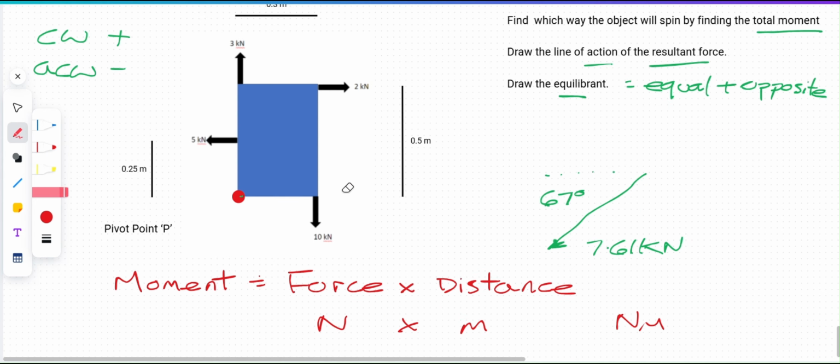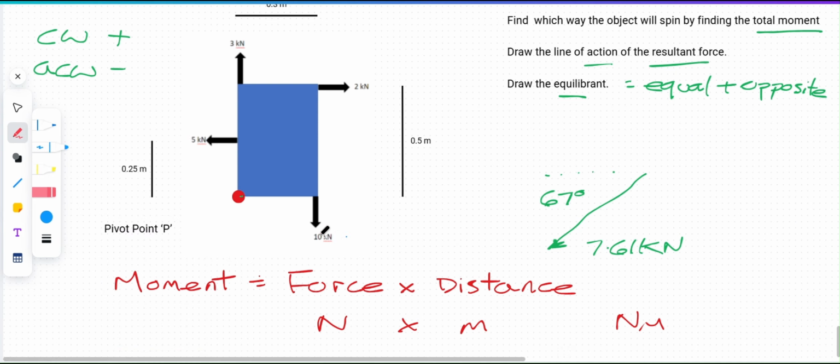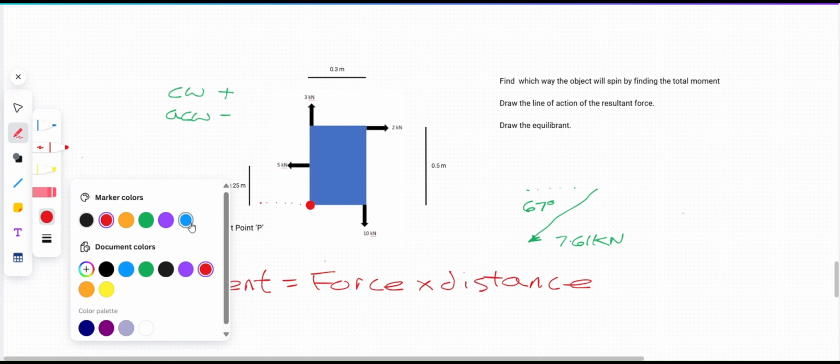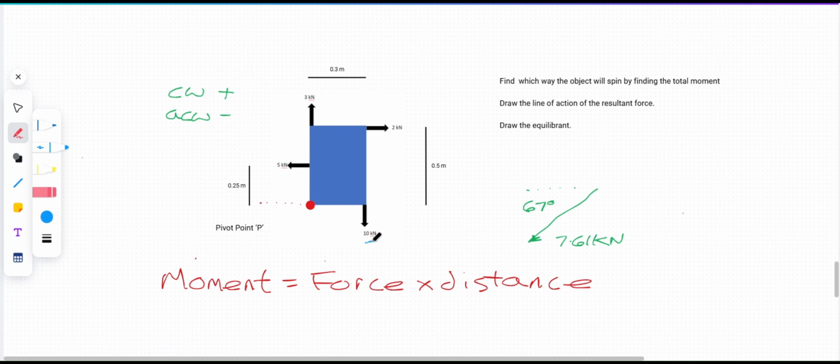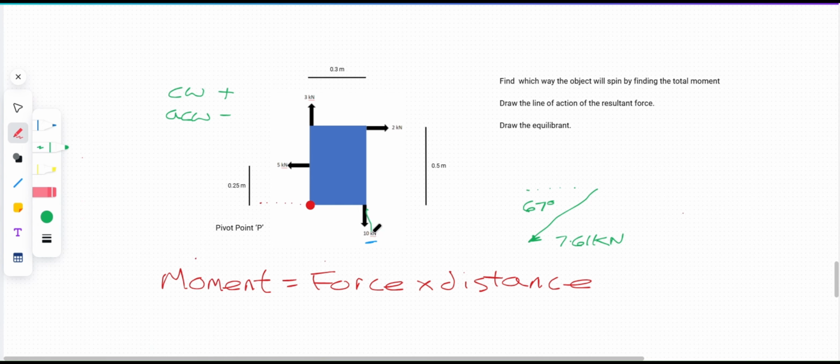First one, let's go number 10. So here's my number 10, there's my force. I'm going to do force times distance. There's my force, there's my distance, which is 0.3. Force, 90 degrees, the distance.